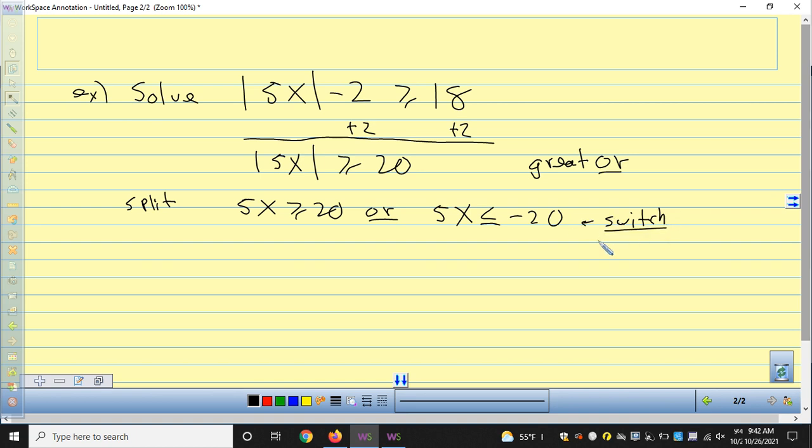So I split it into 2 pieces, just like I did yesterday, one positive and one negative. But we've changed the arrow, we switched the arrow on the negative one. And now I solve for x. Divide by 5. And I get x greater than or equal to 4, 20 divided by 5. Or, divide by 5 here, x less than or equal to negative 4.